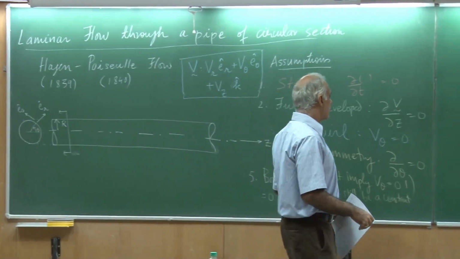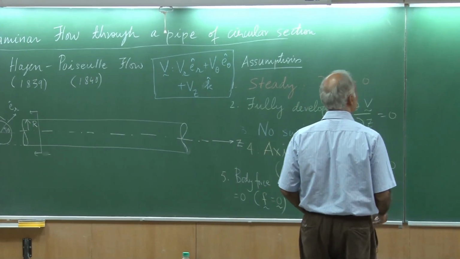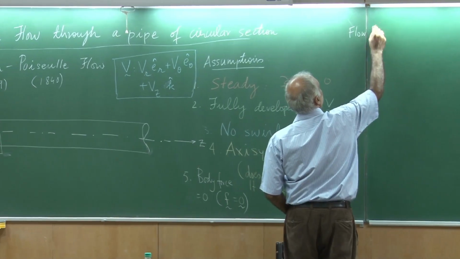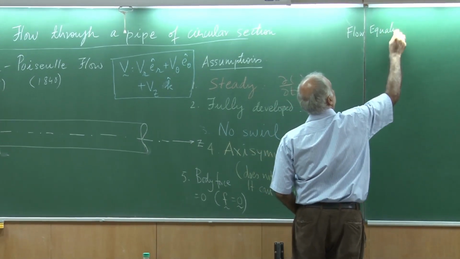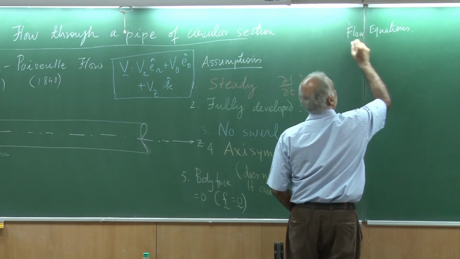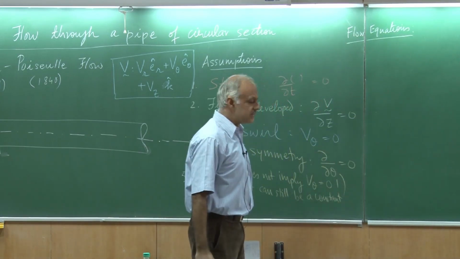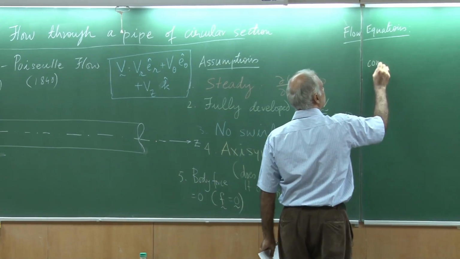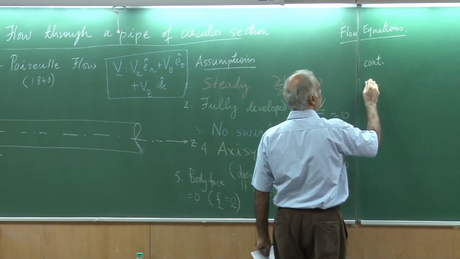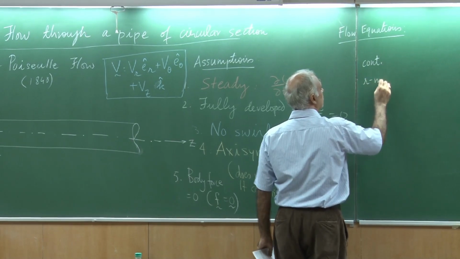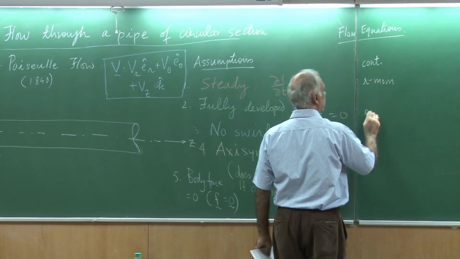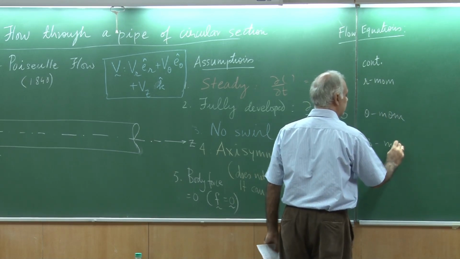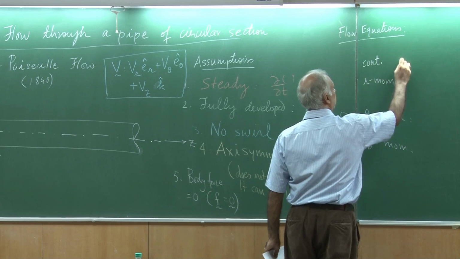Okay, now what I am going to do is list for you the flow equations. These are long equations and we have seen them before, so I am going to write down the continuity equation, and then there would be an r momentum equation, then the theta momentum equation, and finally the equation in the z direction.